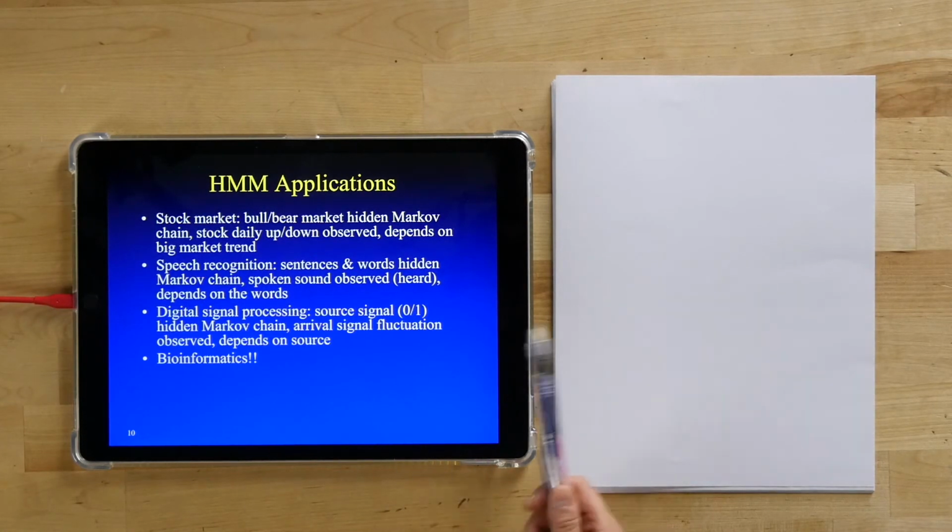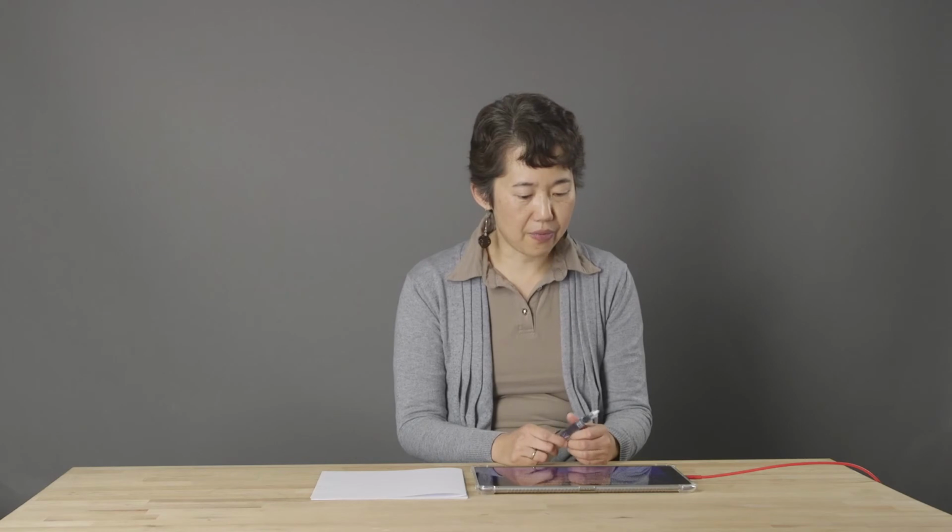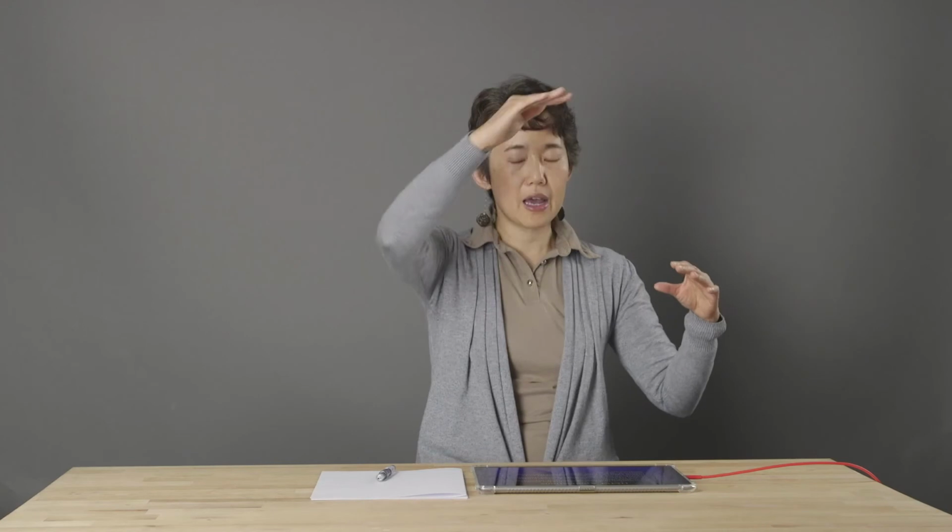What is this useful for? The hidden Markov model is a very useful machine learning algorithm. You can use it in the stock market. For example, imagine there are ups and downs in the market. You observe the stock price going up and down. But even though there are fluctuations, if overall it's going up, we know in the market it's called a bull market.